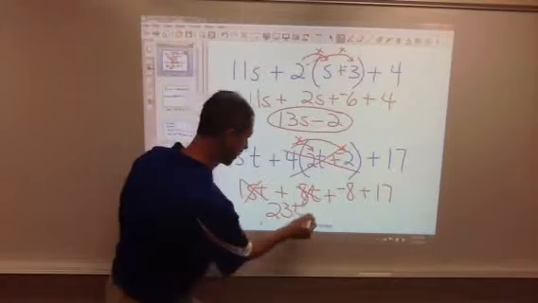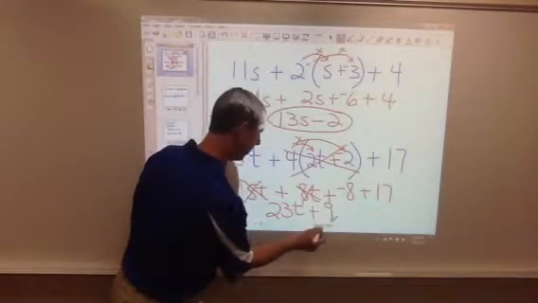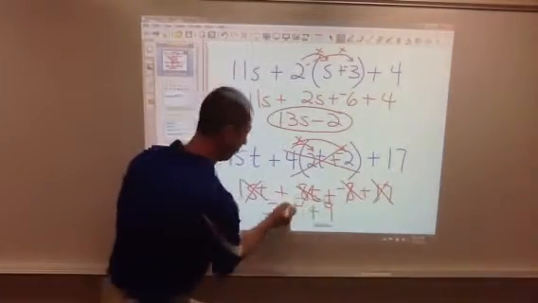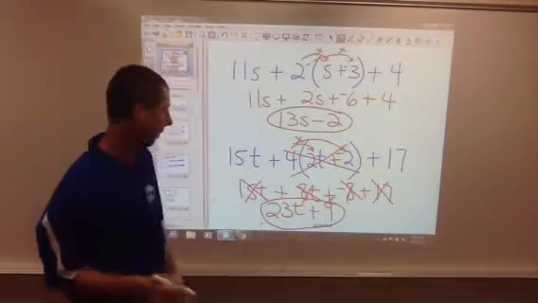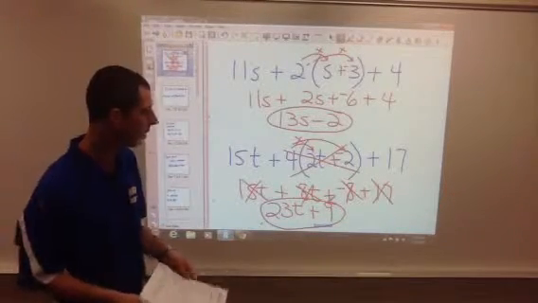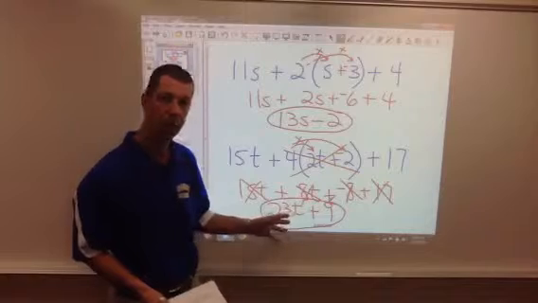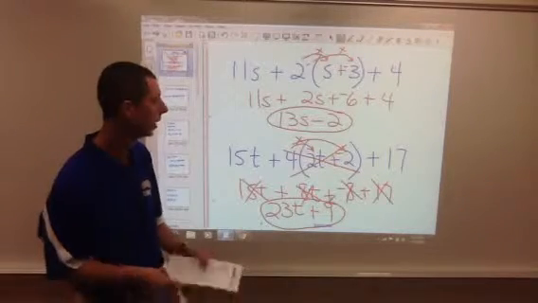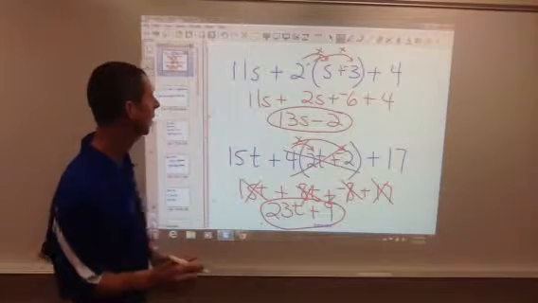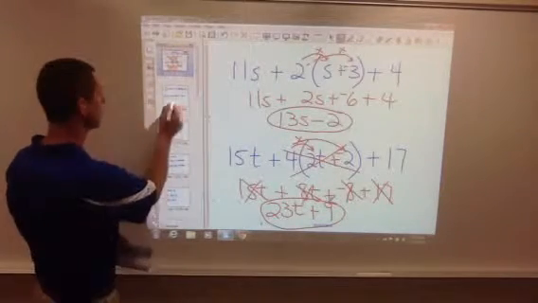Okay, so plus 9. That takes care of these 2. Okay, so there would be your answer to that problem, 23t plus 9. Now, use your calculator to help you, or you've got to combine the like terms. Don't make a mistake combining like terms, especially when you're allowed to use a calculator on a test. Okay, so that takes care of those 2.